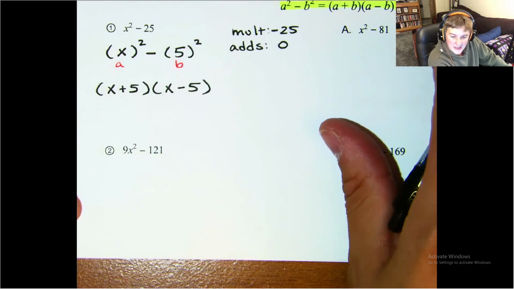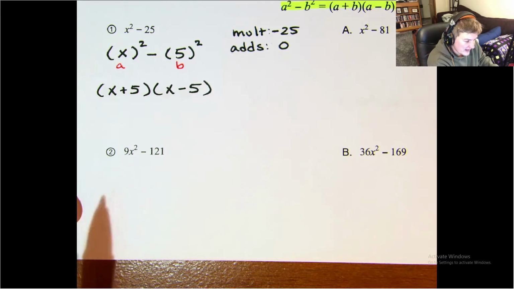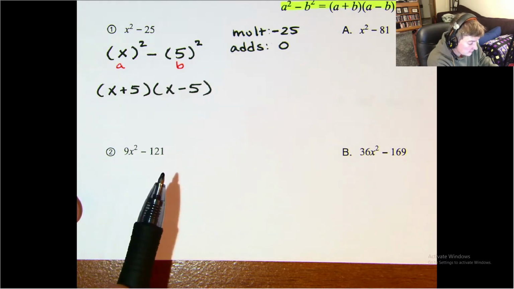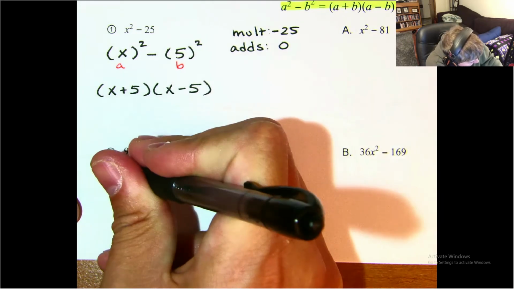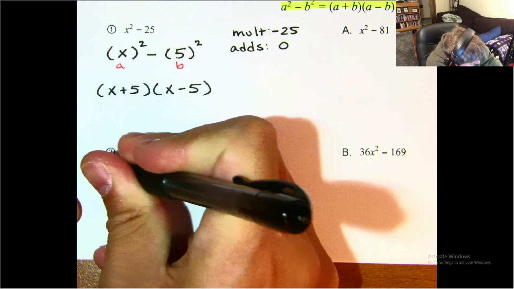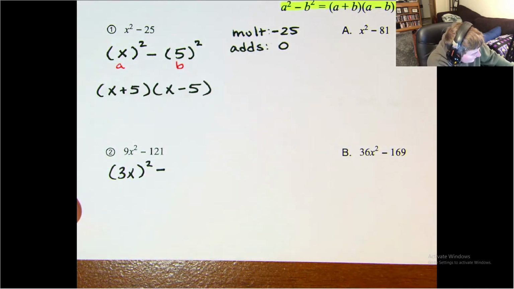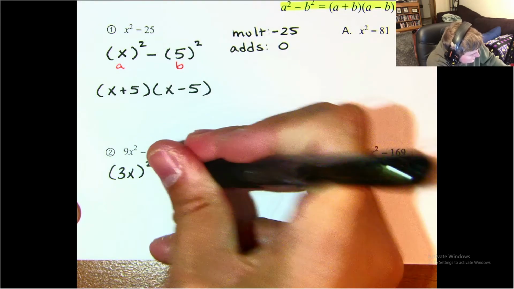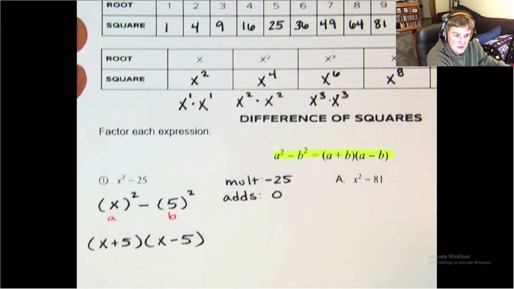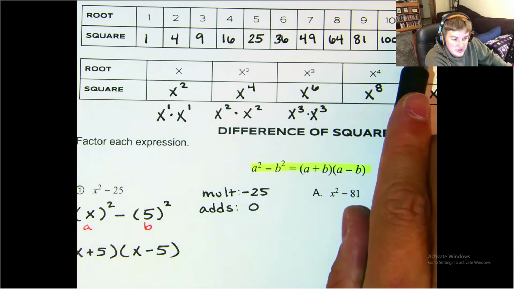So if the root of x squared is x, and the root of 9 is 3, that means the root of 9x squared would be 3x. And then minus 121. 121, we have to check to see if that is a perfect square. 121 is indeed a perfect square, and its root is 11.